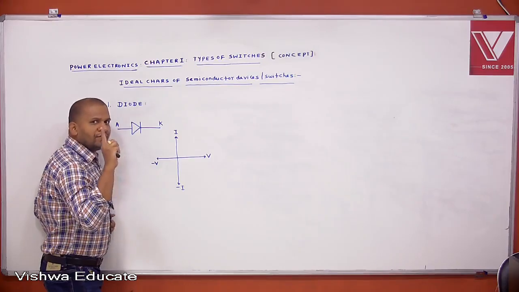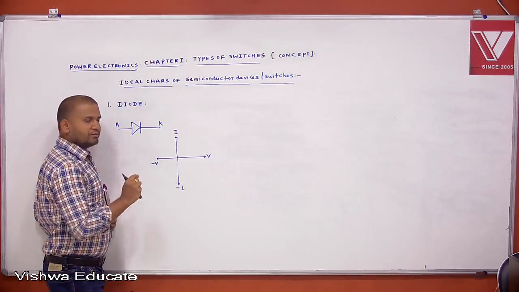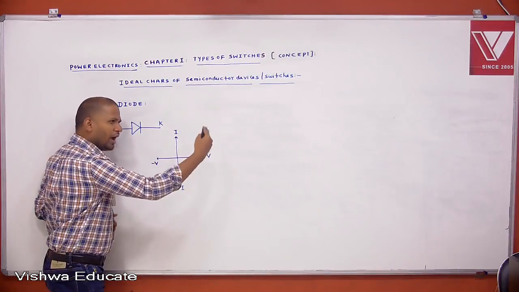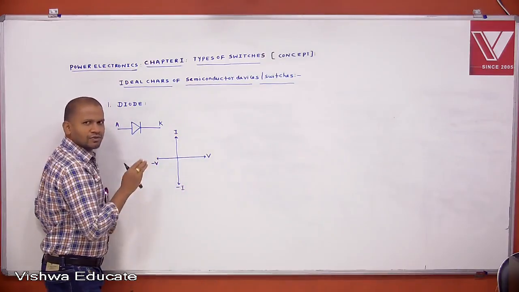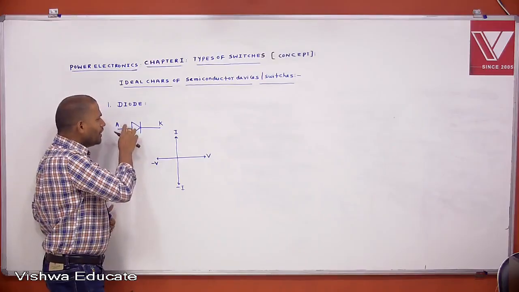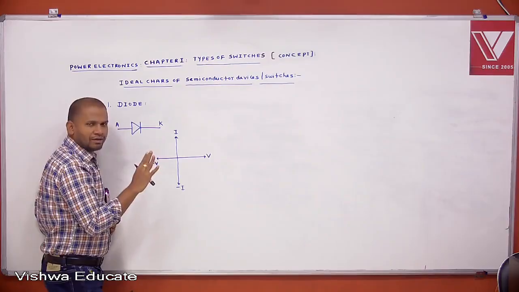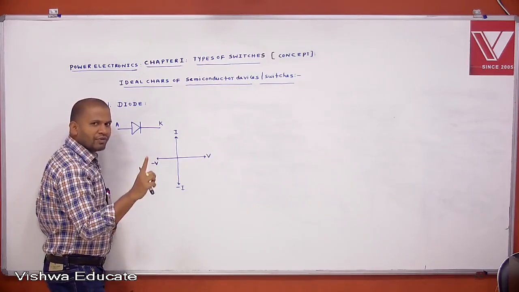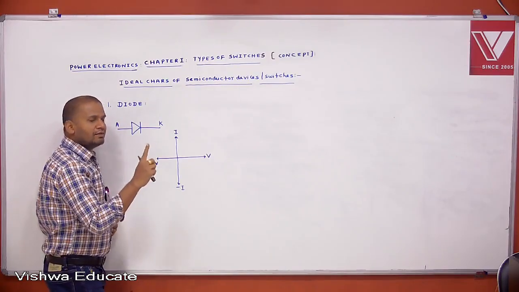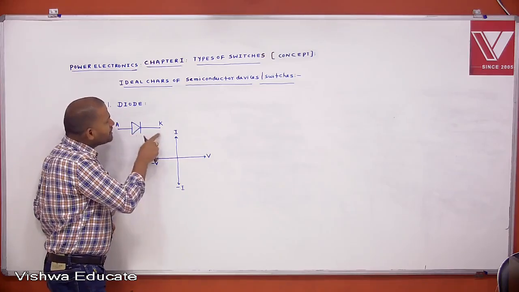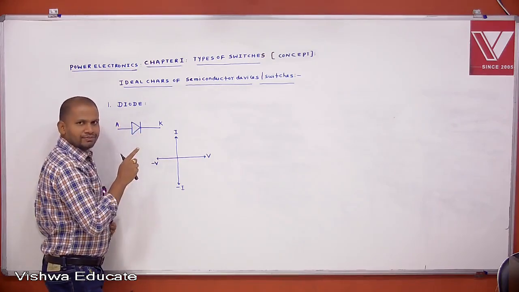Sometimes I will give a combination of devices also, that you will see. If only one device is present, without any anti-parallel device, then the device will conduct only in one direction.